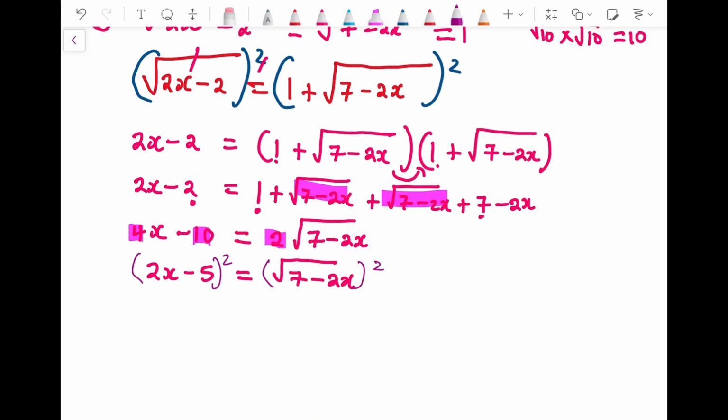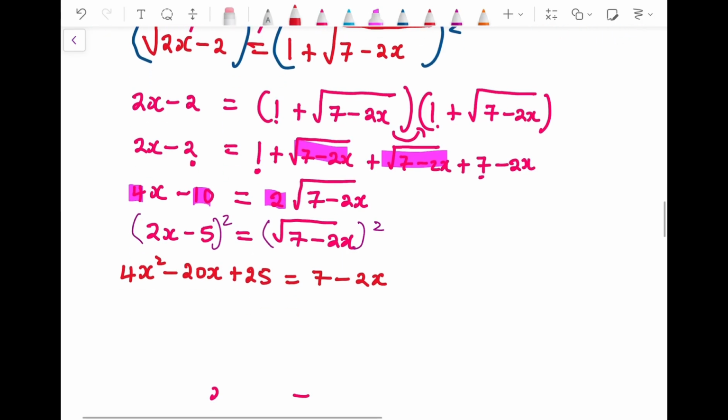Now, if I square on both sides, I am going to have 4x squared minus 20x plus 25. This is equal to 7 minus 2x, because squared will cancel the square root.